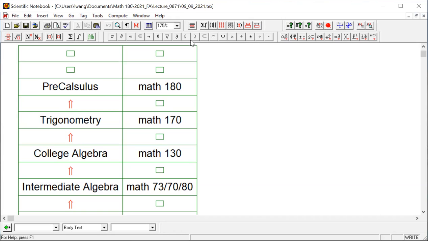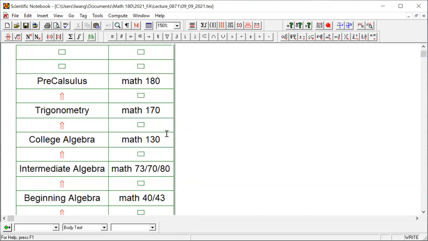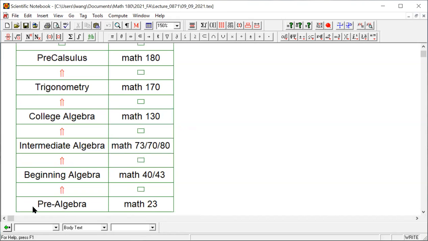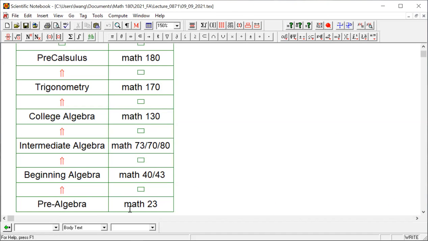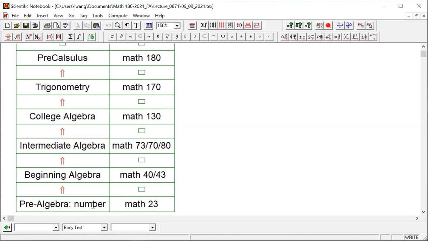In the past, you would take one class after another because each of these classes takes 1 semester. You take 1 semester of pre-algebra, you learn a bunch of things. What do we learn in pre-algebra? Numbers, right? Signed numbers.